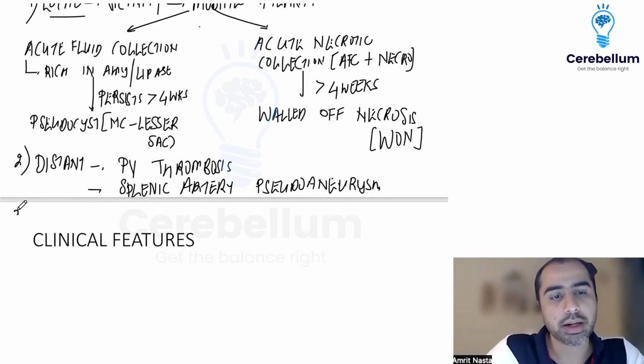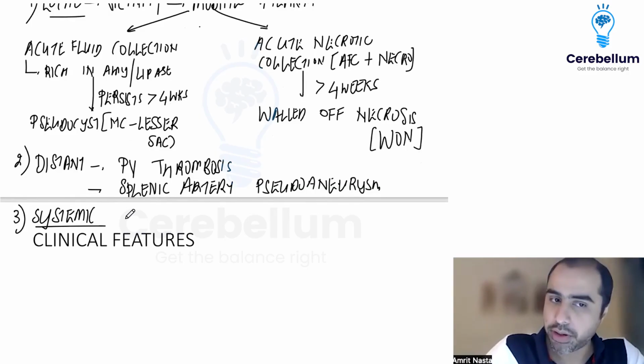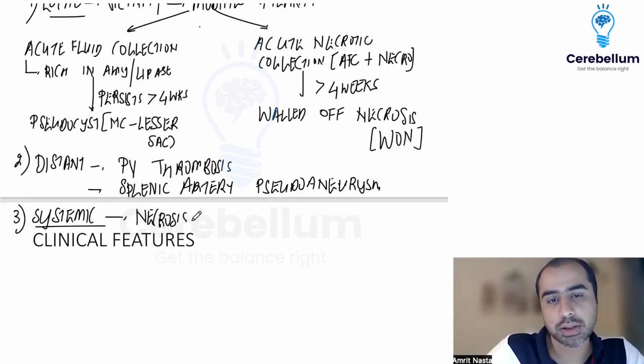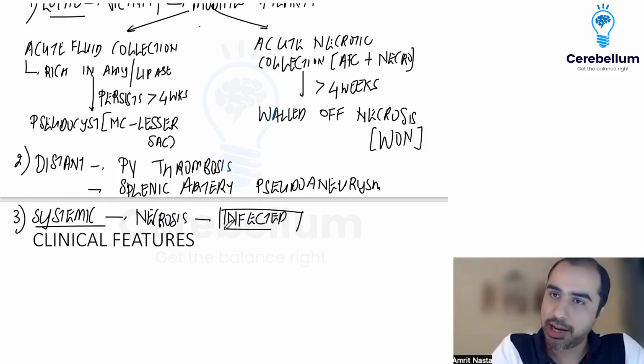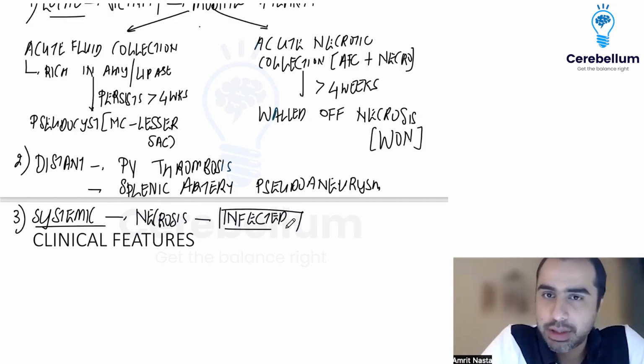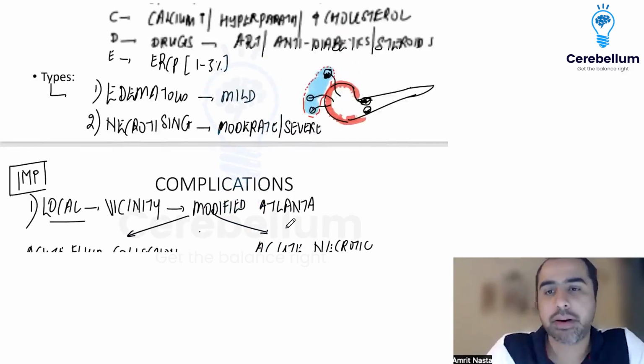And then you can get systemic complications. These are important. These will happen when there is necrosis of the pancreas and it gets infected. So whenever the necrosis gets infected, what will happen? Let's say there was some necrotizing pancreatitis here.